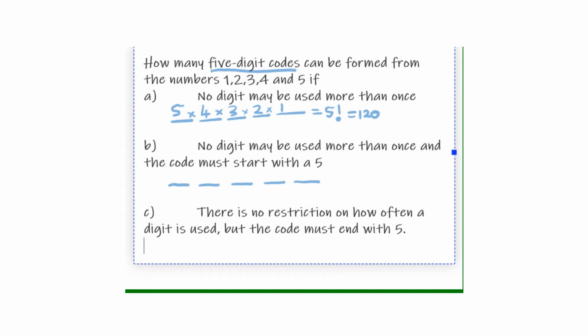So on position number 1 we must surely start with a 5, which means on the first position we have no option. Therefore we only have one choice, that is we must put a 5. But now repetition is not allowed.